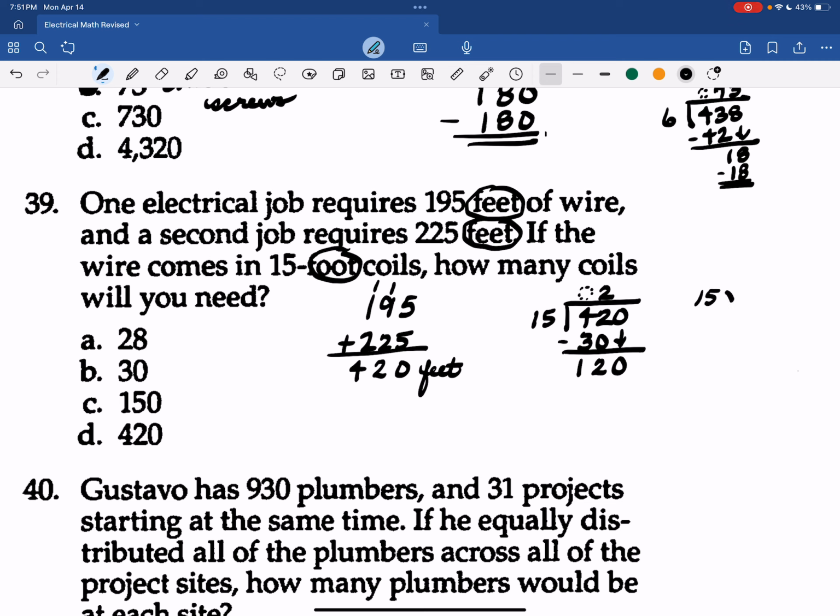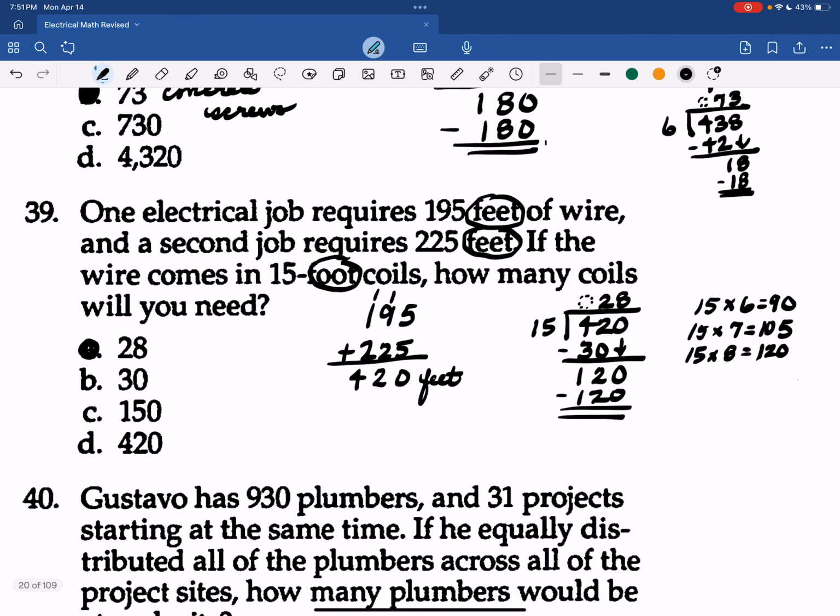I know that 15 times 6 is 90. 15 times 7 would be 90 plus 15, or 105. And 15 times 8 would be 105 plus 15, or 120. And that is the one that I need. So I like A. That's 28 coils of wire.